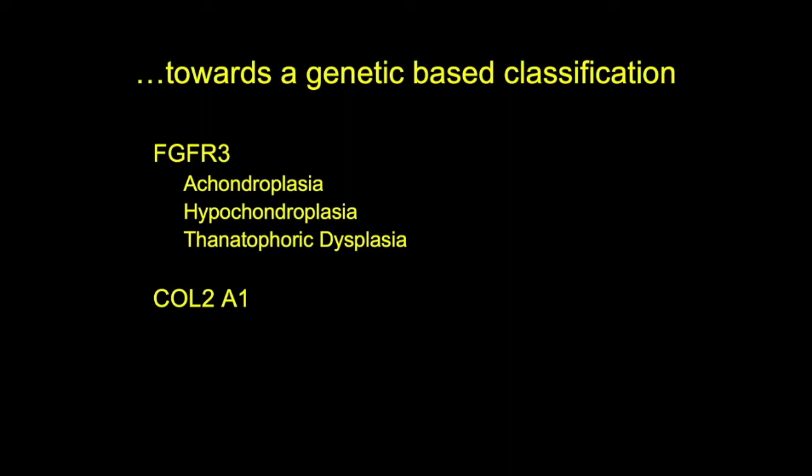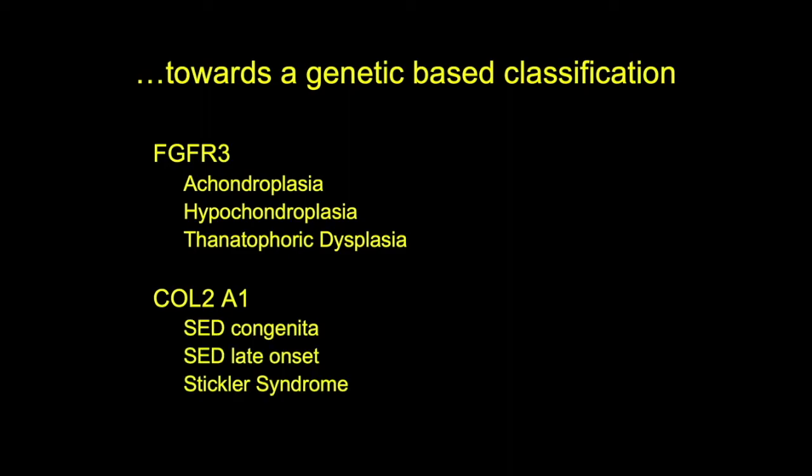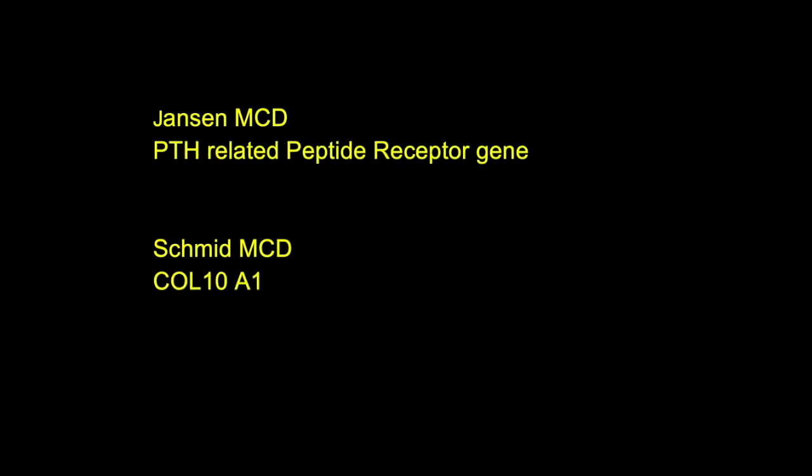It's the same with the collagen 2A1 abnormalities, which give you the spondyloepiphyseal dysplasia and other conditions such as Stickler's. But they were already classified in that same group because they all look the same. But things like the metaphyseal chondrodysplasias have quite different genomic abnormalities, but they look the same. And so this gives us a much better idea about the ultrastructural changes.